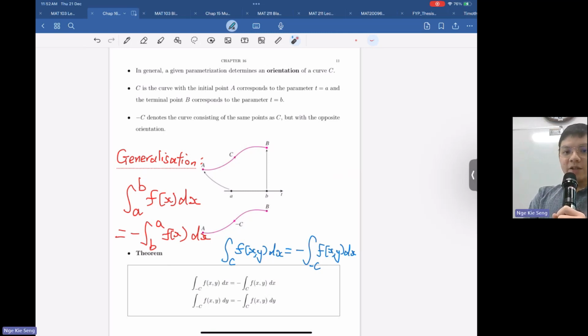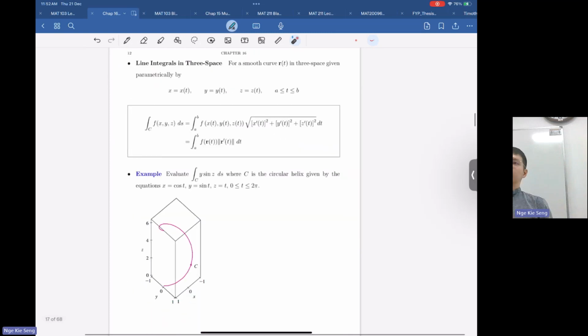Similarly, we can do line integrals in three-dimensional space by introducing an extra derivative to your formula. That's it. And then we can write this long square root term as a norm, as a length function of your curve.